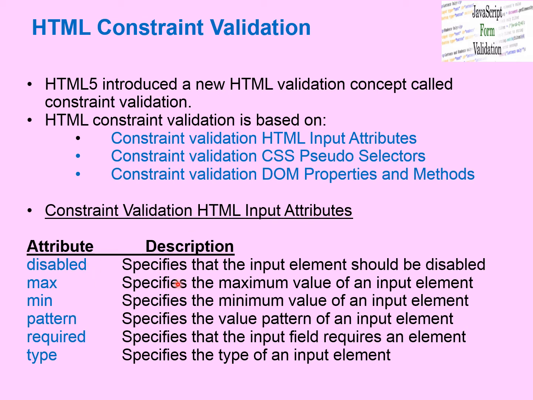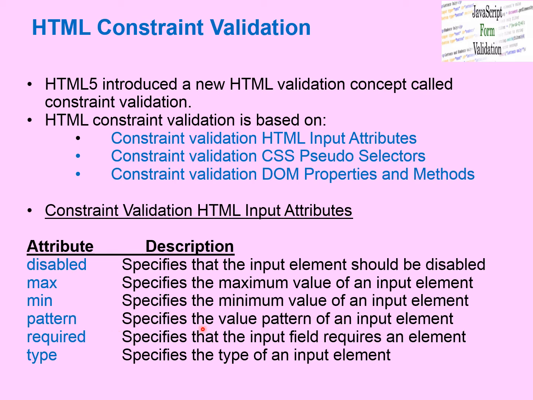Disabled specifies that the input element should be disabled. So whenever disabled is set, the user cannot make a change in the corresponding field; it should be in enabled format for the user to change it. Max specifies the maximum value of an input element. Min specifies the minimum value of an input element. Pattern specifies the value pattern of an input element.